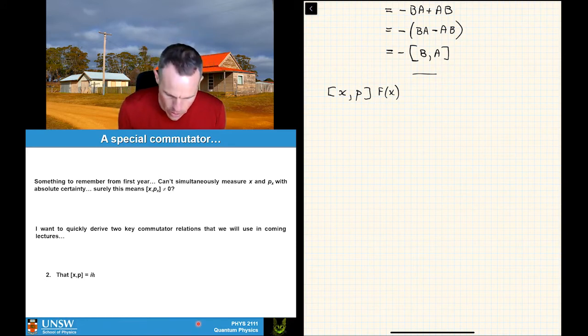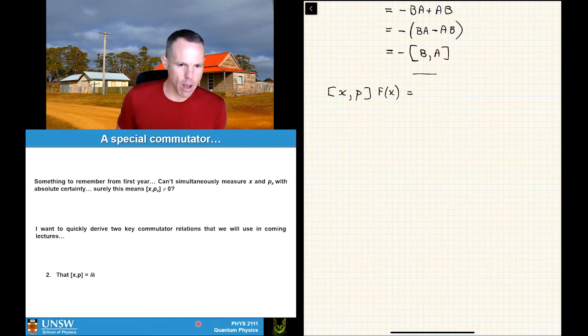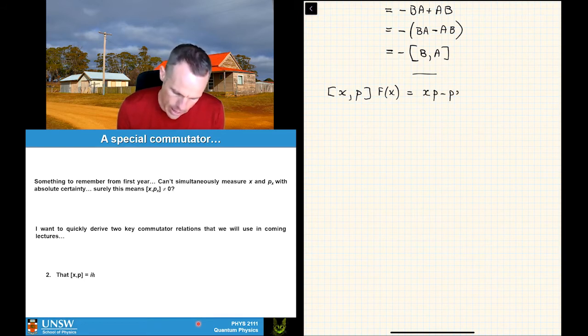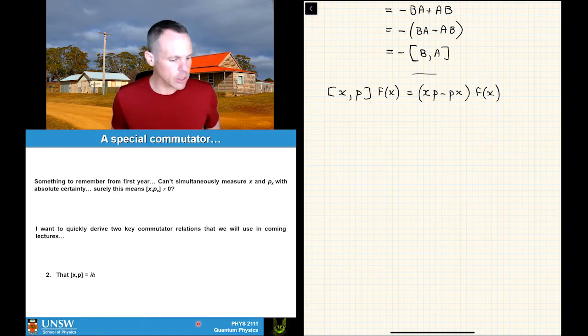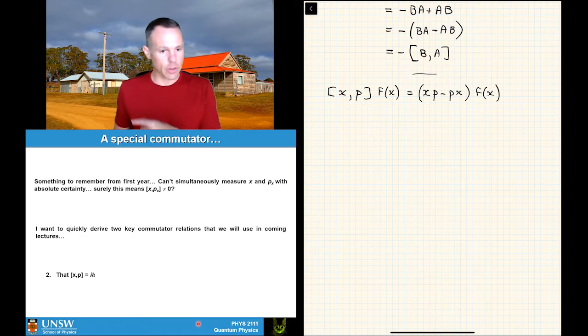So if we go in here and expand out our commutator, what we would get is xp minus px. I'll put round brackets on it for the moment, f of x, okay? I'm going to reserve my square brackets for the special meaning of having commutators for this lecture and going forwards.